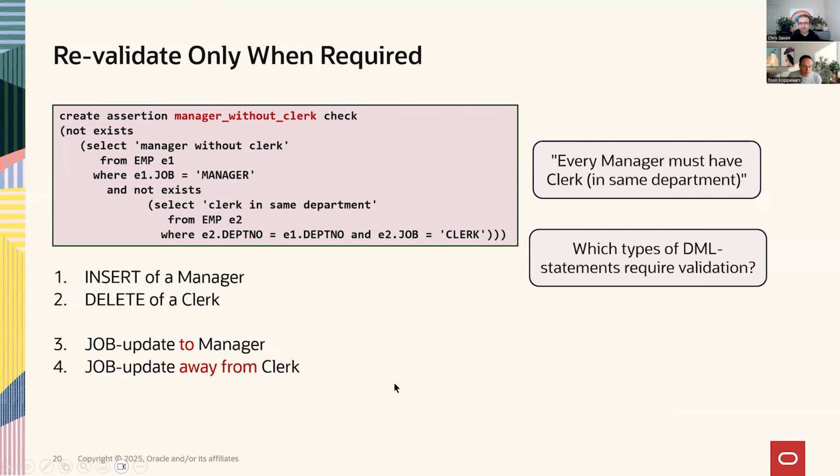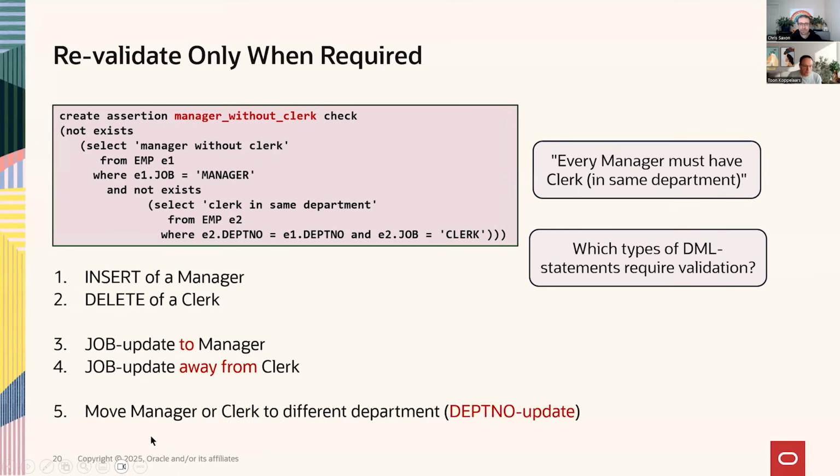But there's actually one more update, because you need to look at all the columns that are involved in the assertion. There's also department number involved here. It's not just job. So you need to think about updates of department numbers. That's the third update and the fifth event.